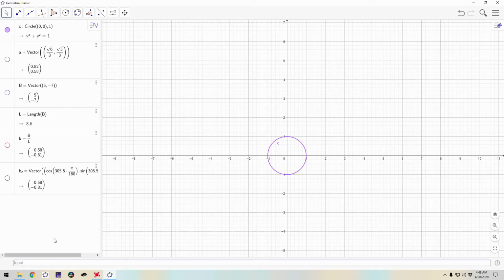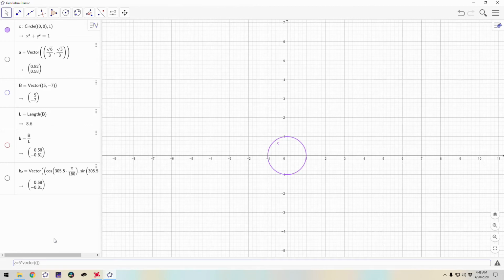Z was the vector that had a magnitude of 5, right? So what I'm going to do is I'm going to say 5 times. See how I put that in front of the vector there?